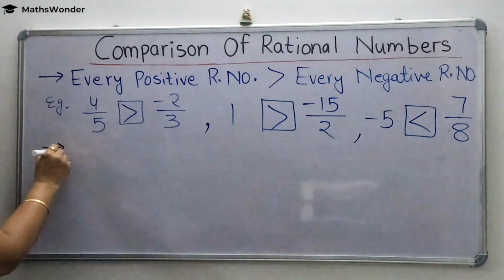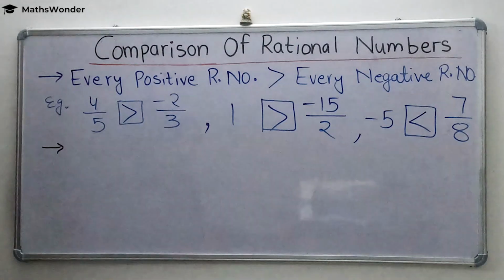Now the fourth property is, if two rational numbers have the same denominator, the rational number with the bigger numerator is bigger, as you know, right? The same thing we have done in fractions.